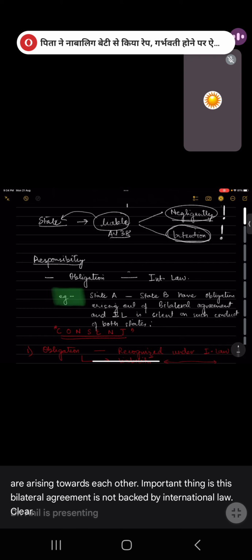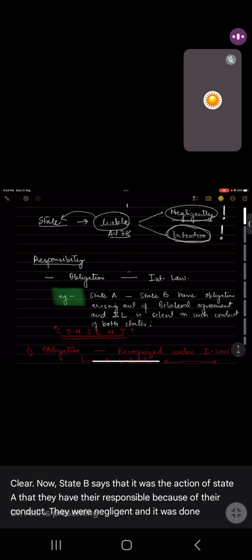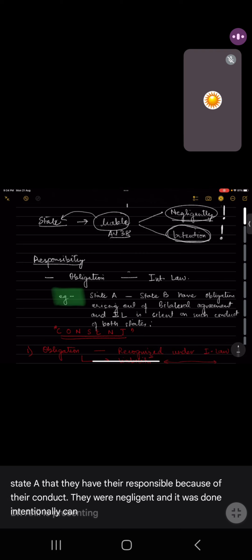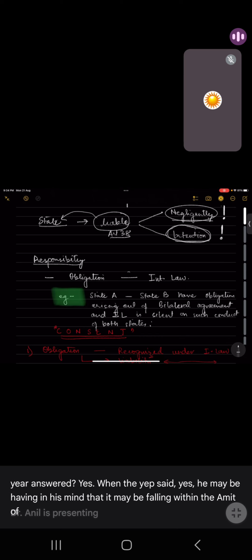Clear? Now state B says that it was the action of state A, that they are responsible because of their conduct, they were negligent and it was done intentionally. Can international law answer this one? Tayyab answered yes. When Tayyab said yes, he may have had in mind that it may fall within the ambit of customary law.